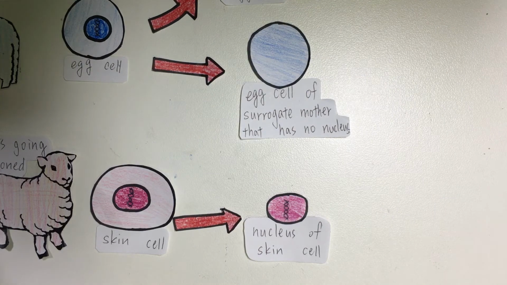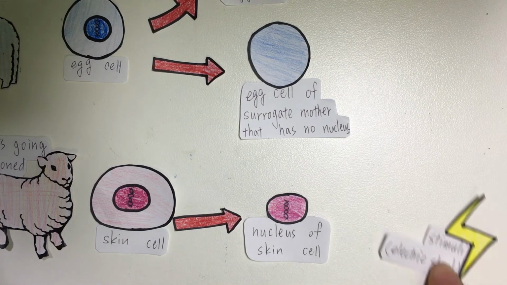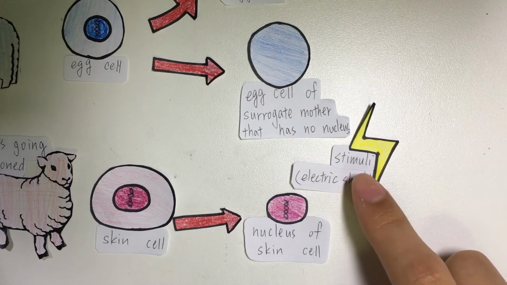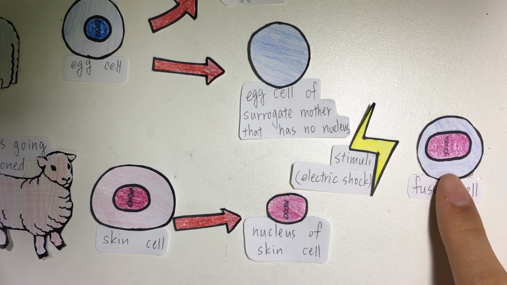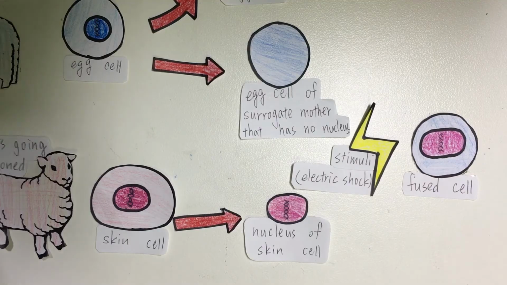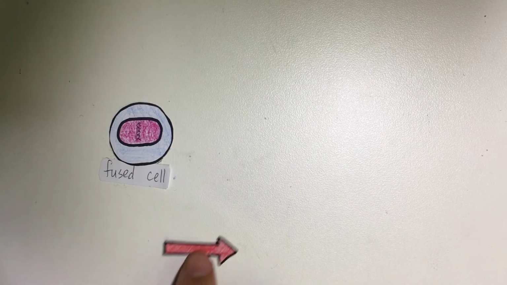So now we use the electric shock to stimulate the egg cell and the nucleus. The egg cell and the nucleus combine together and end up with a fused cell. The fused cell will grow into the embryo.